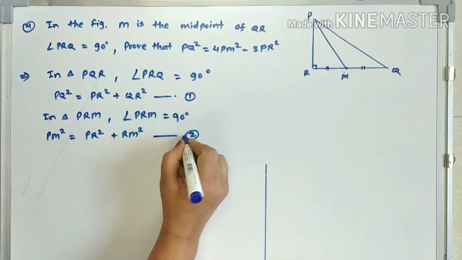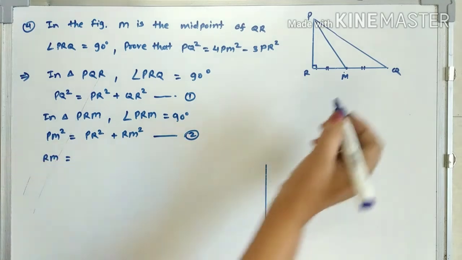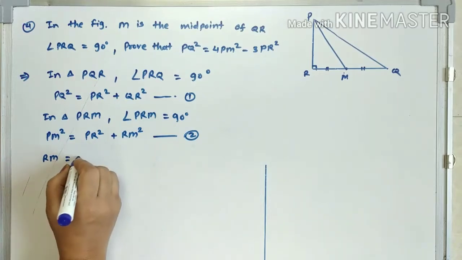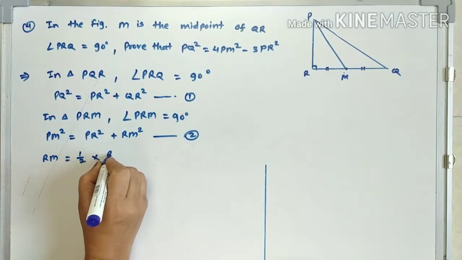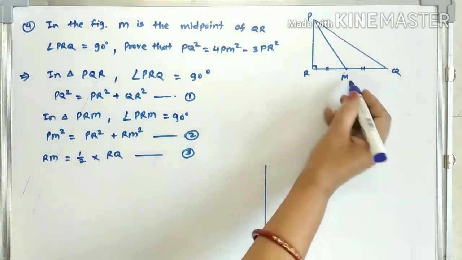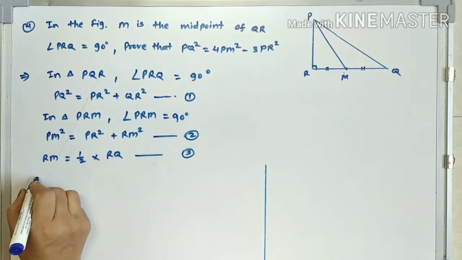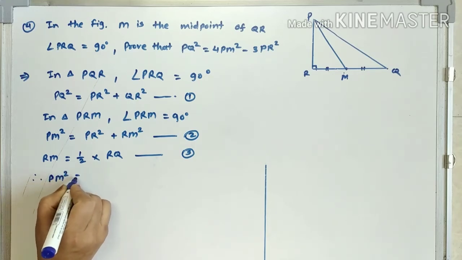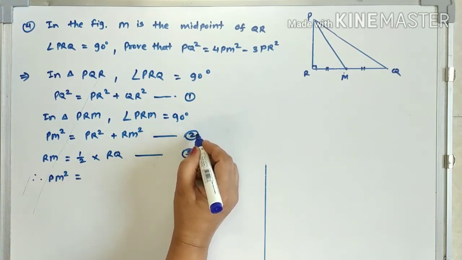This is equation 2. Now M is the midpoint of RQ, therefore RM equals half of RQ. This is equation 3. So substitute this value in equation 2.